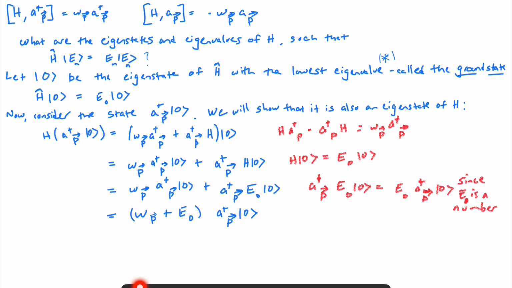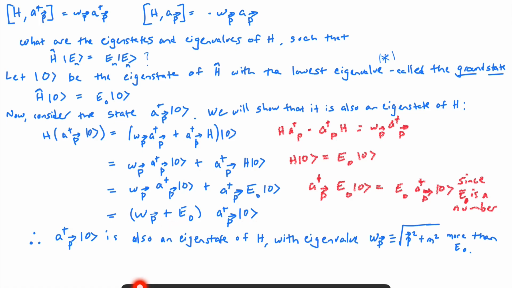It commutes with any kind of operator, so it can be pulled out this way. And then I'll have an a dagger sub p |0⟩ over here and an a dagger sub p |0⟩ over here, and I can factor that out of both terms and just collect the numerical values in front of it. So omega p plus E0, just factor that out.